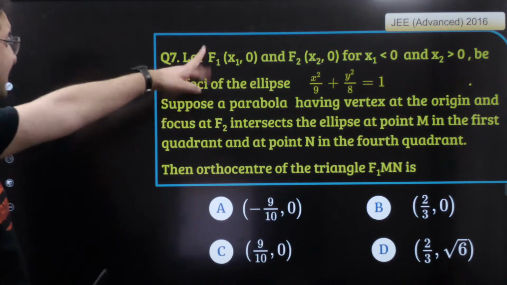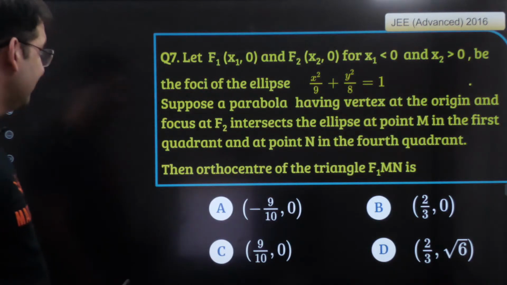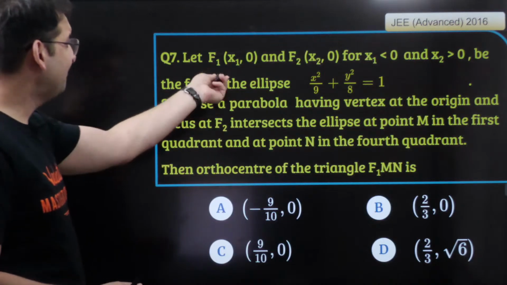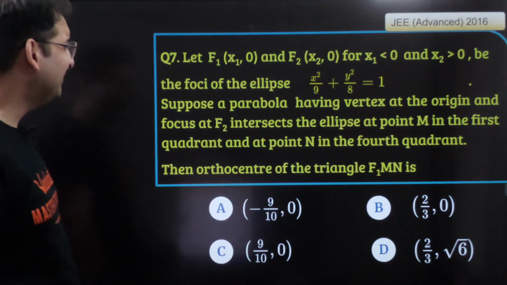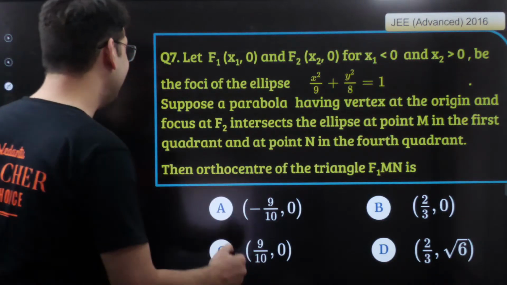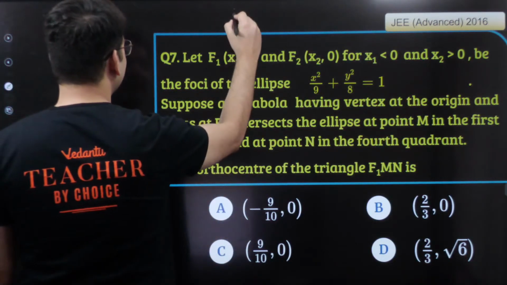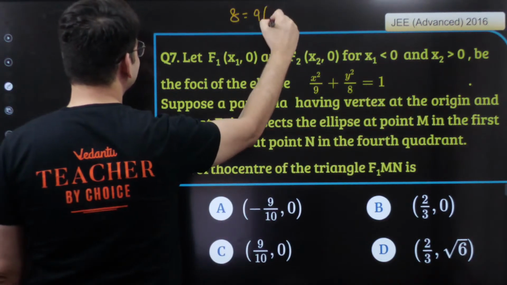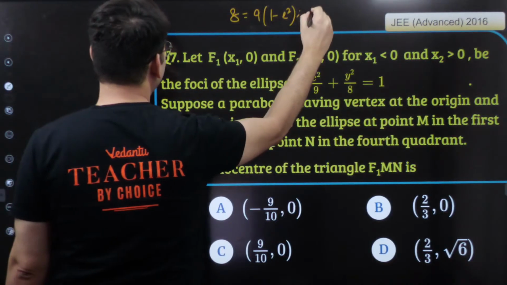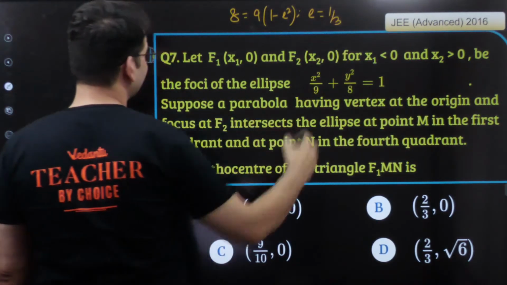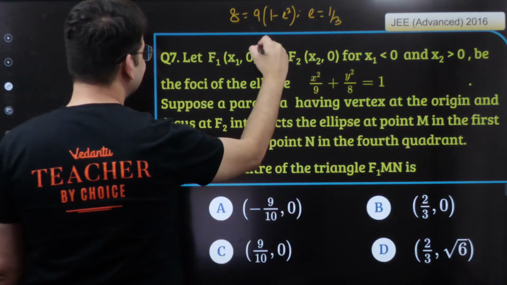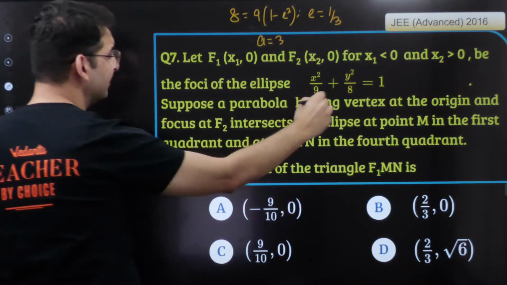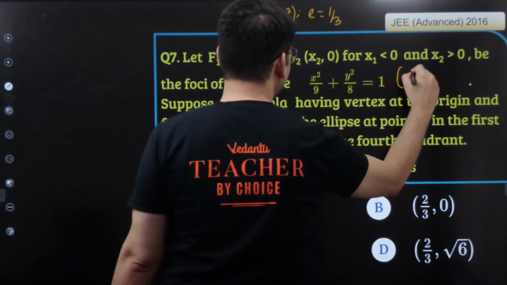So this is a standard ellipse. F1 and F2 are the foci. So can we find the foci first of all? Can we find the e? So 8 is equal to 9 into 1 minus e square. So e will be 1 by 3. a is 3, so ae is going to be 1. So one of the points is going to be minus 1, 0.